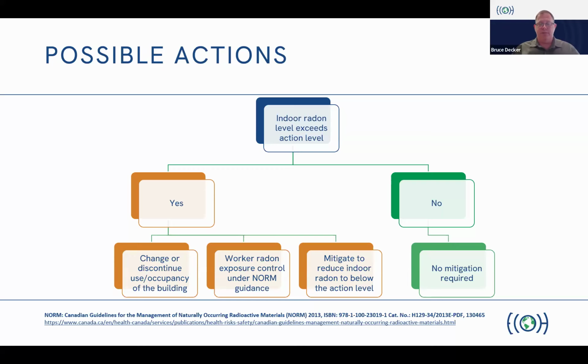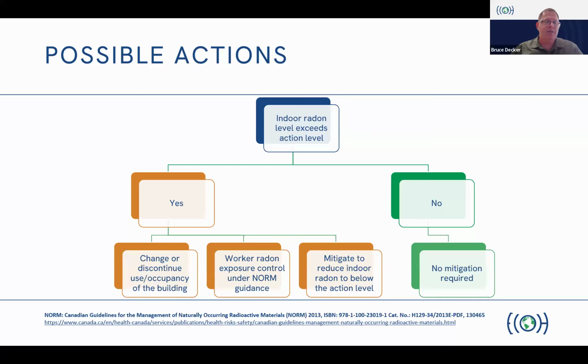But if you do have radon, you have a couple options. You can change the use of that building or discontinue the occupancy. Maybe it's a workshop, and it's not worth trying to fix it, so you just turn it into storage. I don't think you could ethically just sell it to somebody else and sell them their problem, but don't use the building.